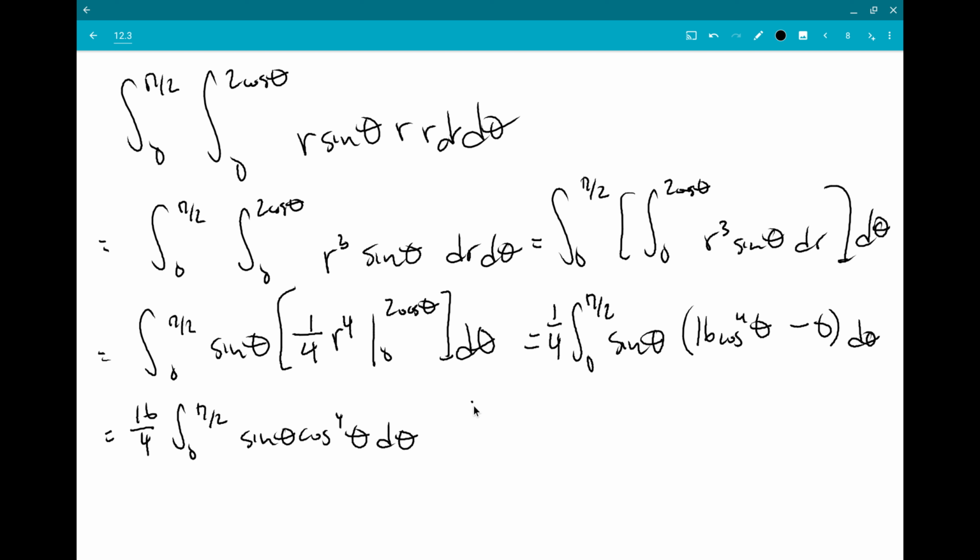So I'm going to take a u substitution, u equals cosine theta, du equals minus sine theta d theta. So this is minus 4 times the integral from 0 to, leave off my bounds until I'm done. The minus came from that minus.